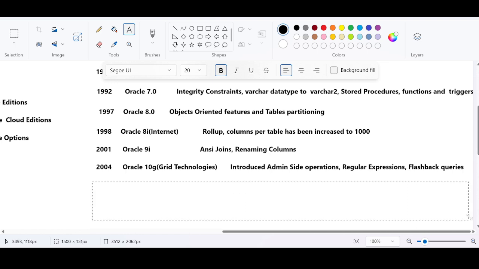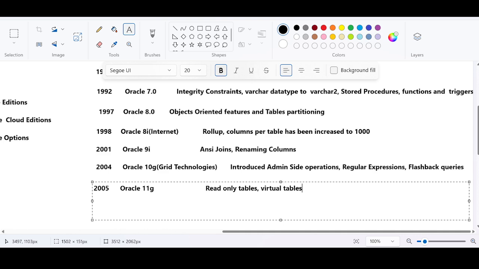In 2005, Oracle 11g was introduced. The g stands for Grid Technologies. Here you have concepts like read-only tables and virtual tables.